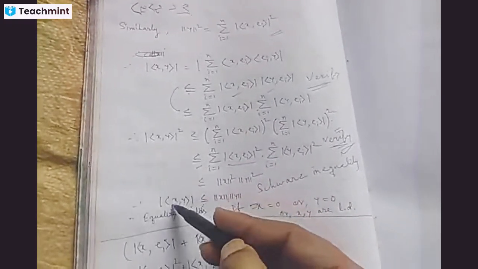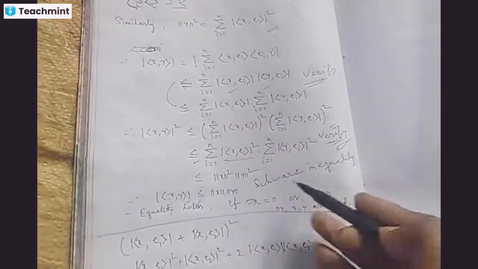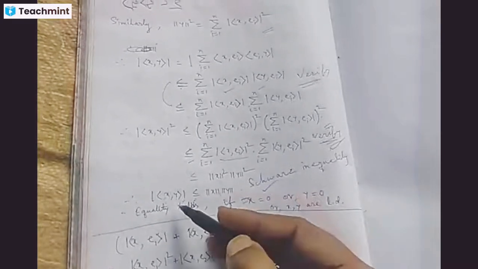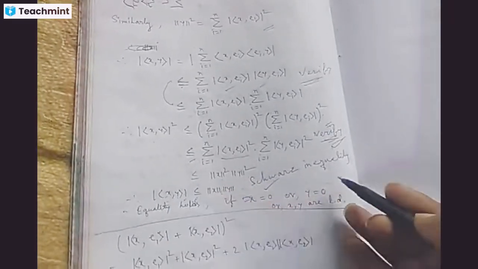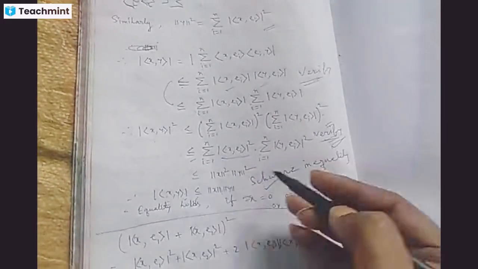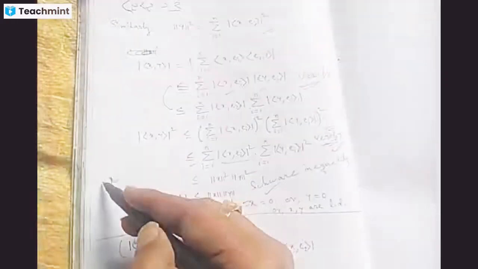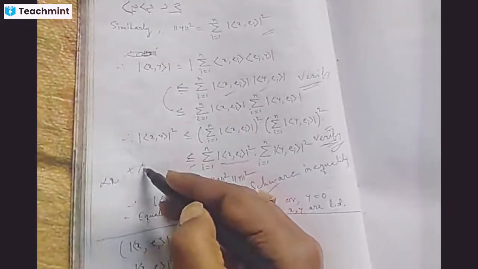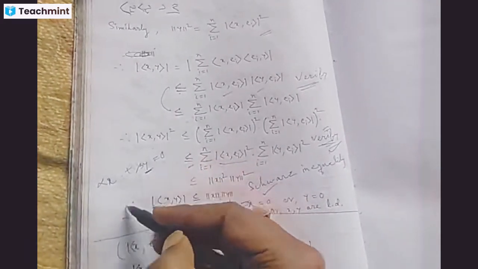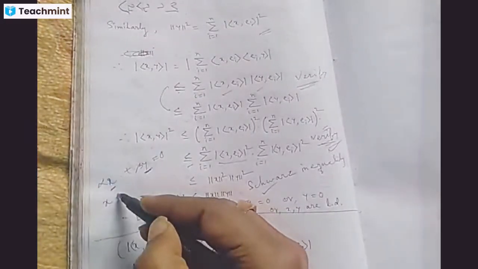If you take x equal to 0 or y equal to 0, then both sides will be equal to 0. x and y are two vectors, and if either one is equal to 0, then if we take alpha x plus beta y equal to 0, we will get that y is equal to 0 or x is equal to 0, which means x and y have a relation.